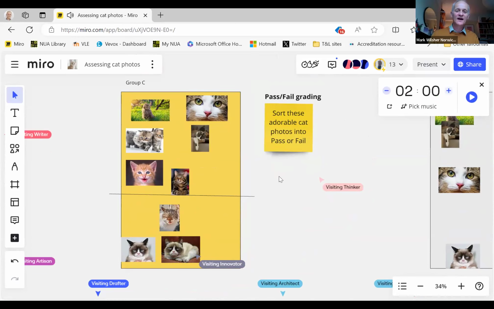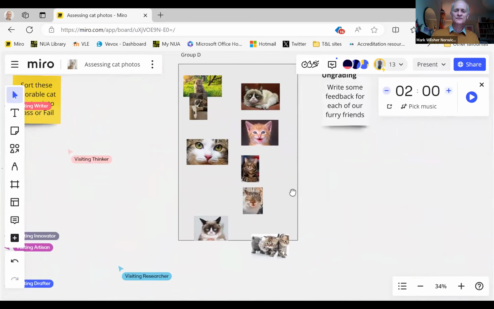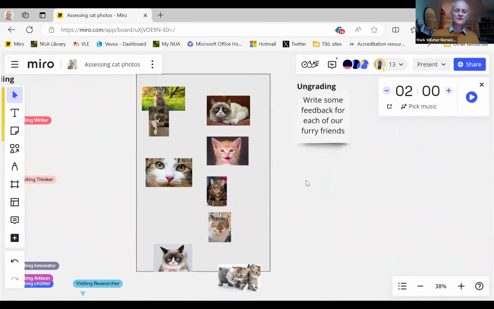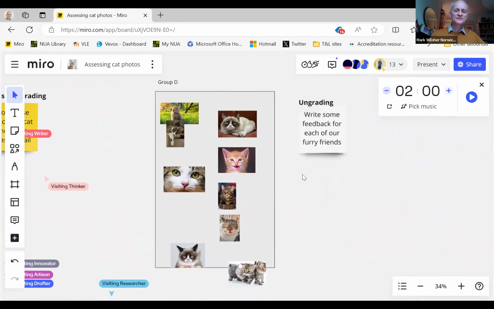Fantastic. And then I have a fourth group. If anyone else is interested, I've gone to the ungrading option, where we're not going to grade these, but we just thought we'd write them some feedback. So if anyone would like to write some feedback, I think I might make this a free-for-all.